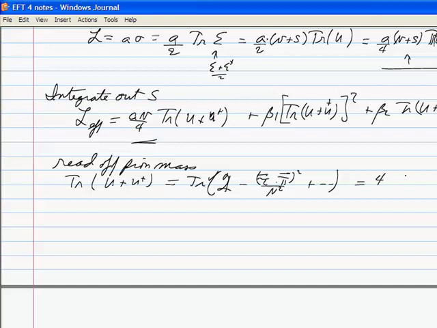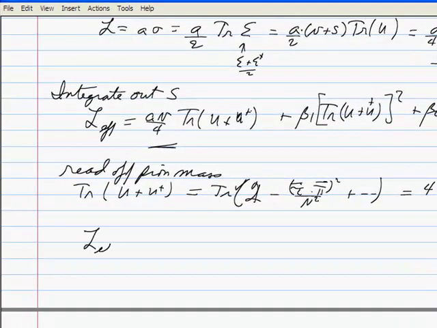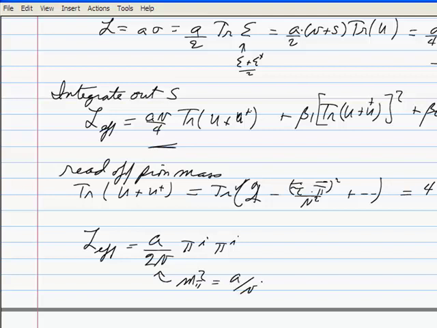So there's a 4 minus pi i over V squared times 2 from the trace. And so L effective then has A over 2V pi i squared. So you read off m pi squared is A over V. The same as before. Okay?